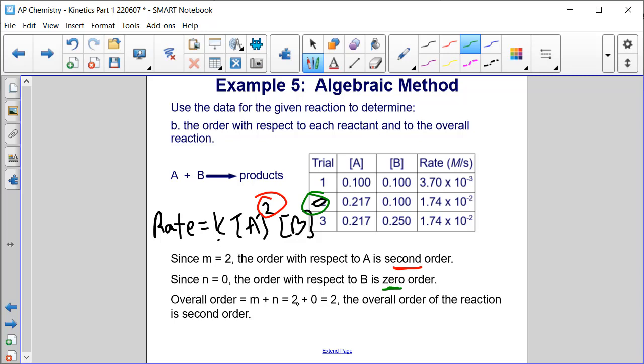So 2 plus 0 is 2. So the overall order of the reaction is second order. And again, I just want to remind you, we don't write this in our overall rate law. I'm just showing it here so we can explicitly see the values of M and N. So second order with respect to A, 0 order with respect to B, and second order overall.